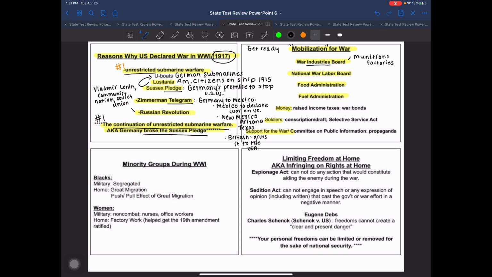The next organization that we're going to see is the National War Labor Board, and another word for labor is work. The main goal of this organization is to prevent workers from going on strike. All right, so to prevent strikes, this is extremely important.